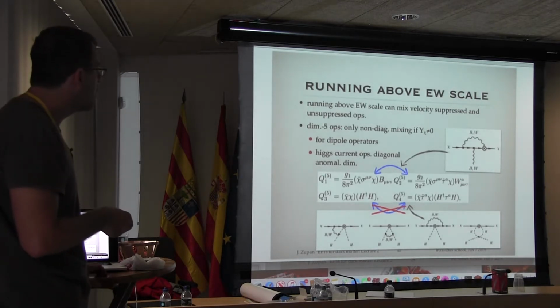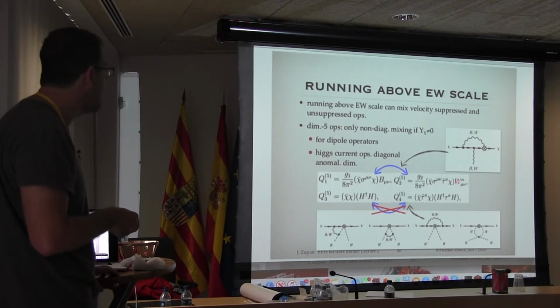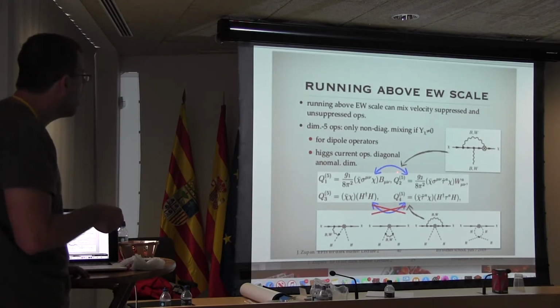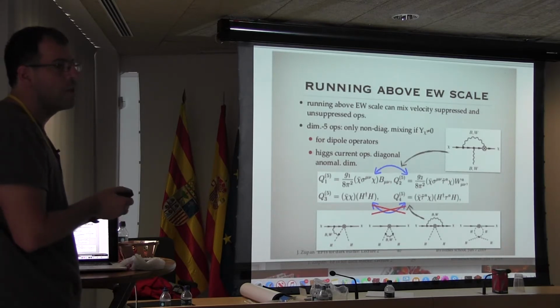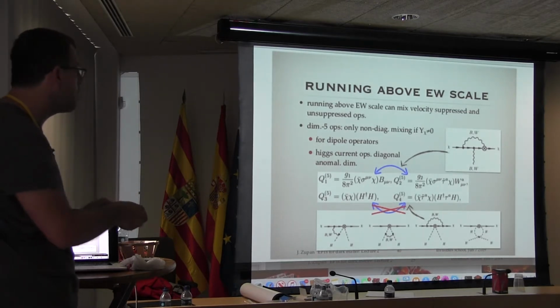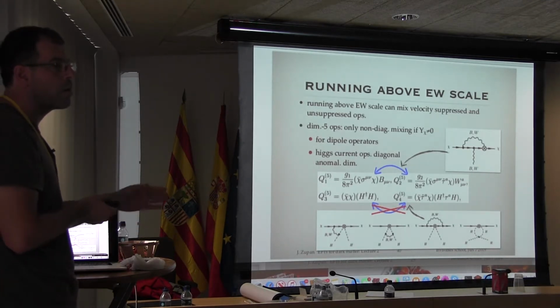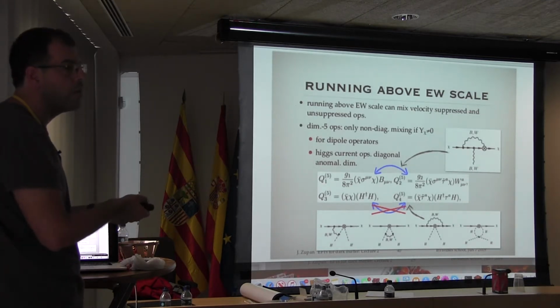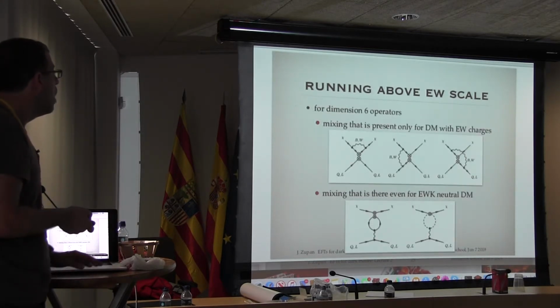For instance, I have a mixing between the magnetic moments with B and the W. This would mean that if you were to fine-tune your theory such that you only have a Z coupling through this higher dimensional operator, at one loop you will also generate a coupling to the photon, so you can't fine-tune. So you can't get rid of this magnetic dipole.